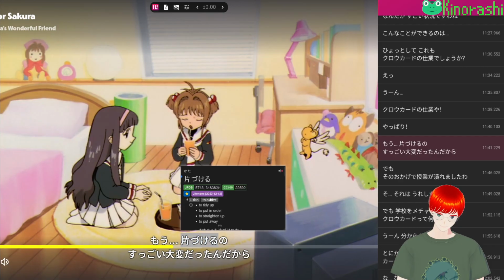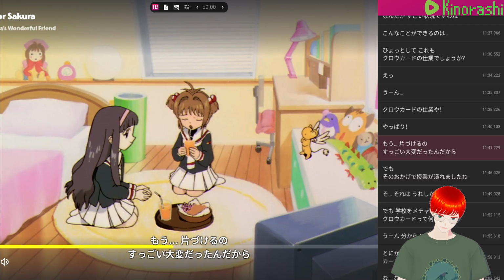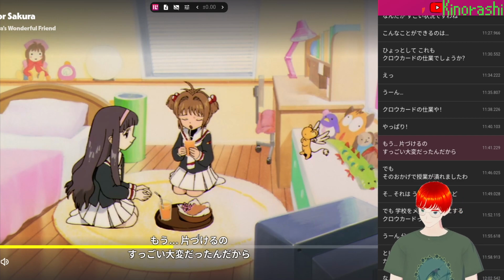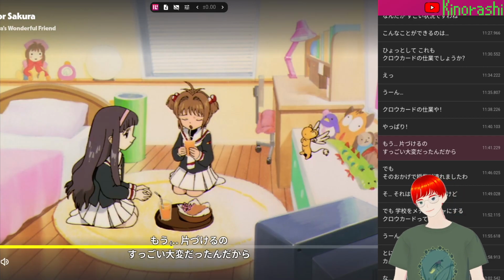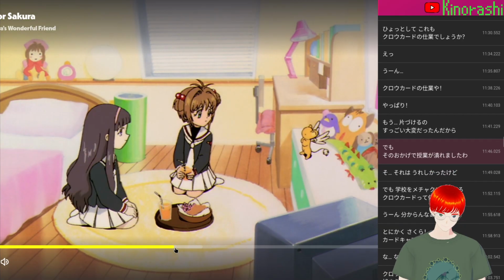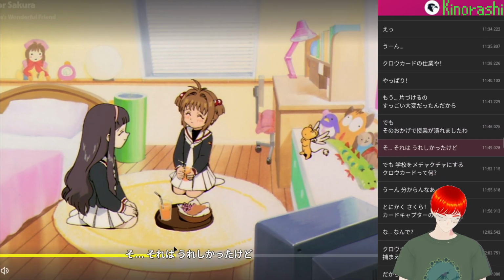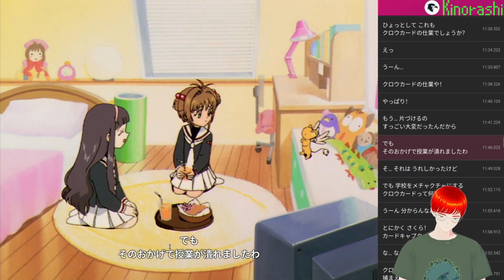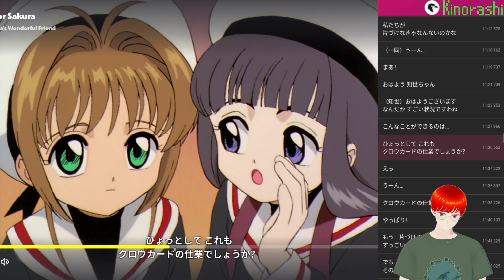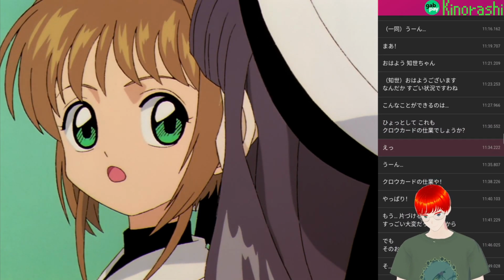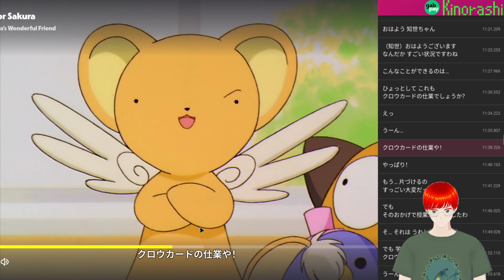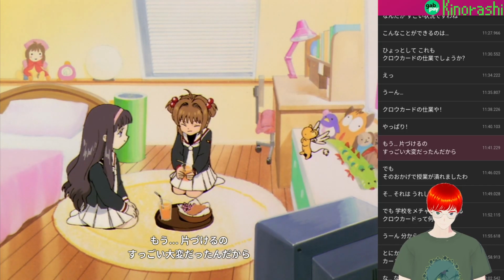Mo katazukeru. See, that was to tidy up. Katazukeru no sugoi. So the big tidy up, and sugoi, yeah, sugoi taihen. Oh, it's just the end of the sentence. Let's see how she says it.